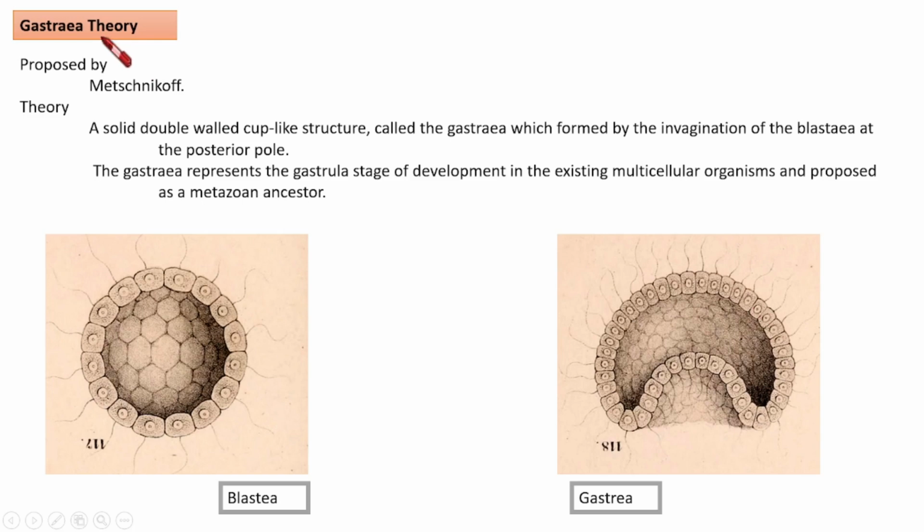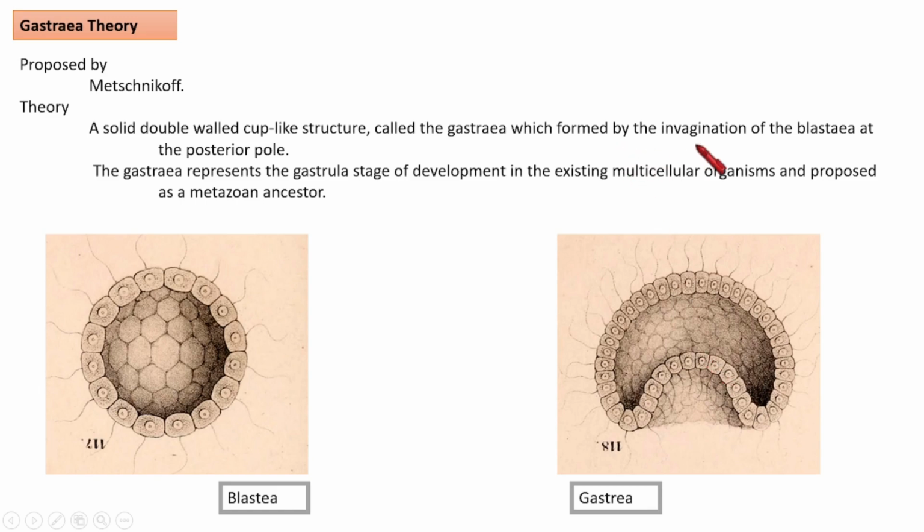Then next is the Gastraea theory. Gastraea somewhat has some similarity with the embryonic developmental stage, gastrula. That theory is proposed by Haeckel. What is that theory? A solid double-walled cup-like structure called Gastraea is formed.